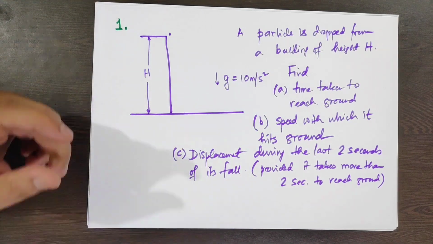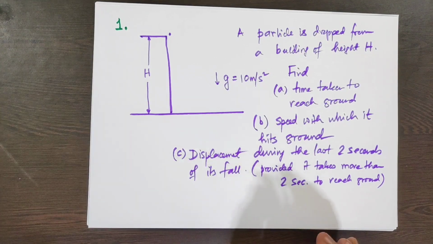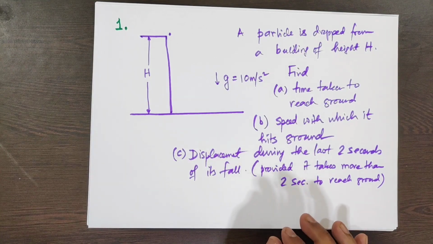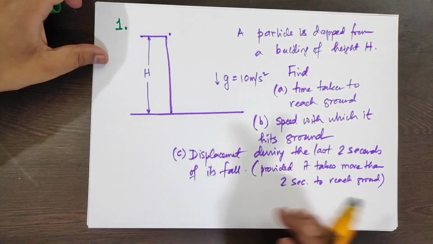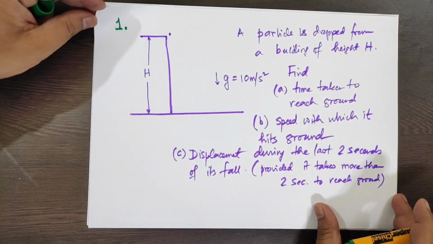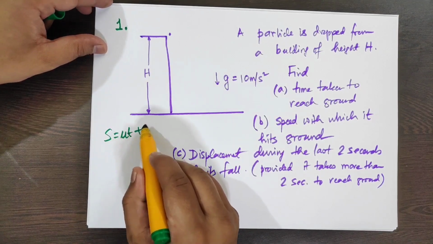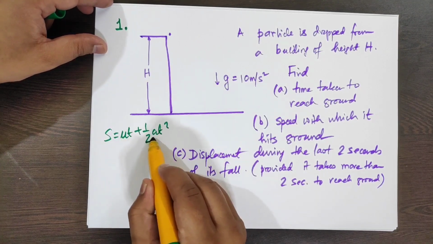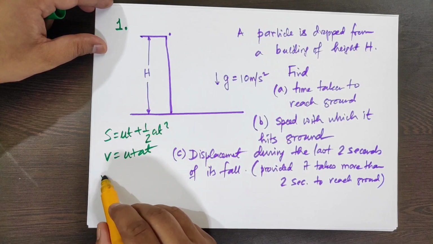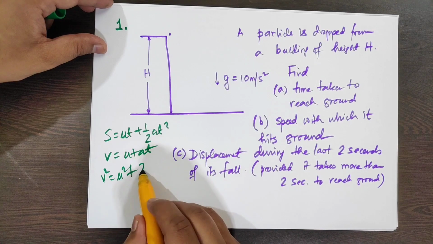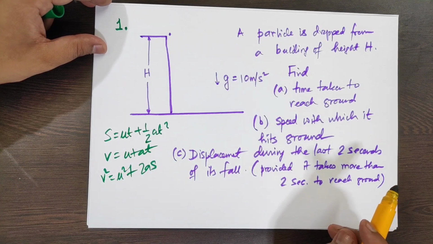So here there are some techniques for solving problems. We will use the three equations: s equal to ut plus half at square, v equal to u plus at, and v square equal to u square plus 2as. Now u, v, a all are vectors.